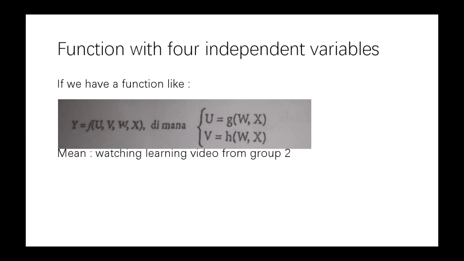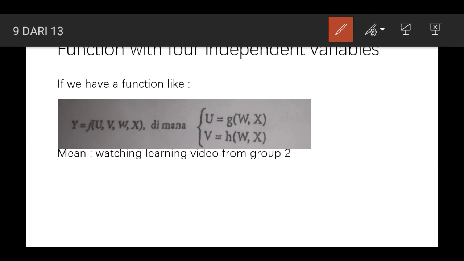Next, about the function with four independent variables. If we have the function y = f(u, v, w, x), where u = g(w, x) and v = h(w, x).